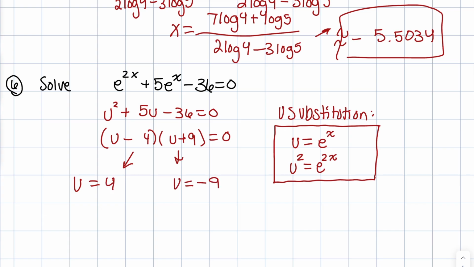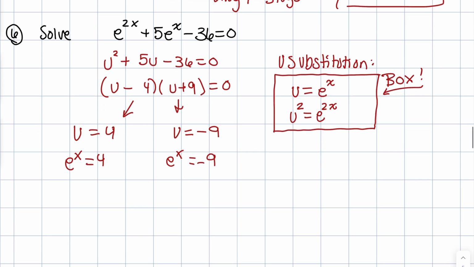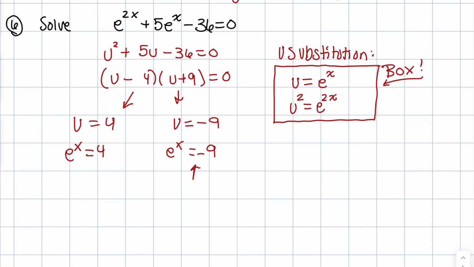Now go back to my U substitution box, and u was e to the x, so I get e to the x equals 4, and e to the x equals negative 9. Now I look to see, is this one possible? Can e to the x ever be negative 9? No, because exponentials can never be negative.